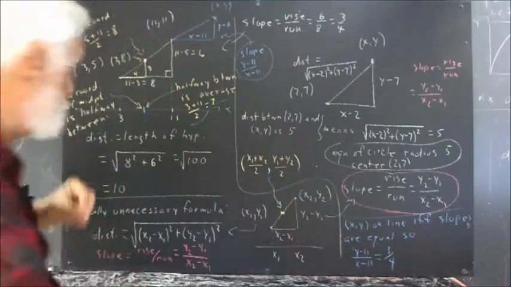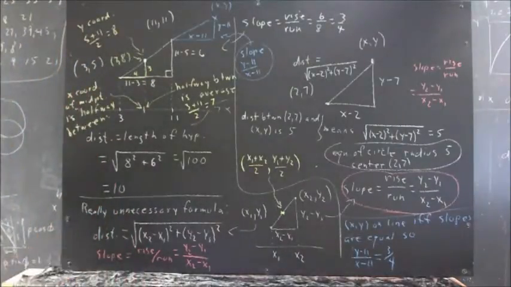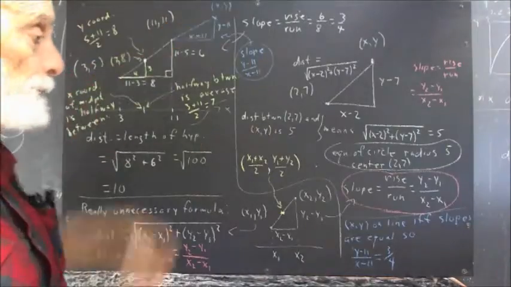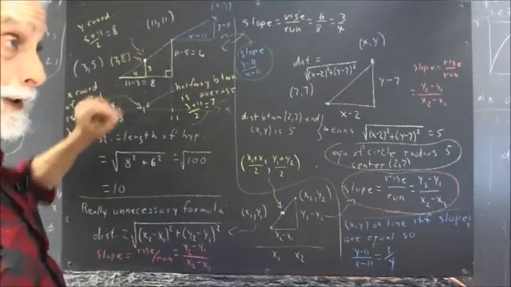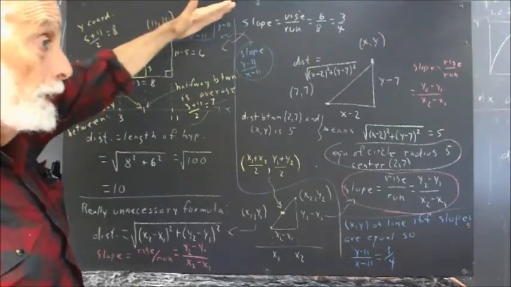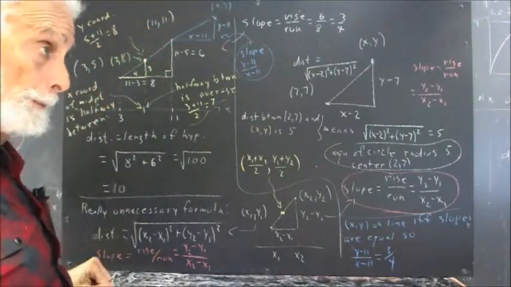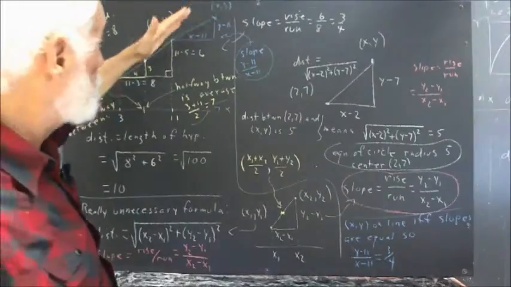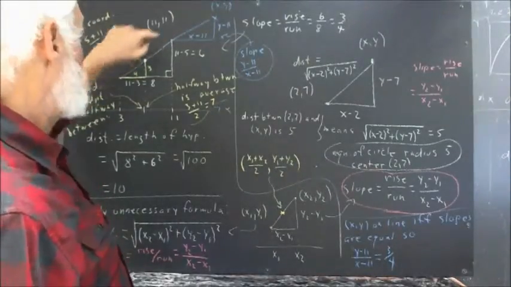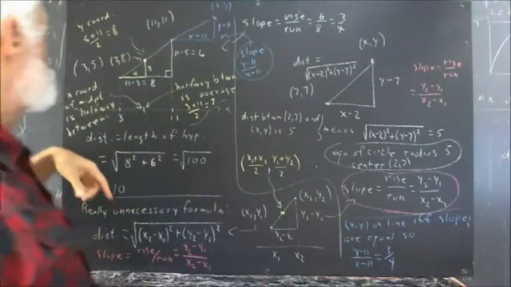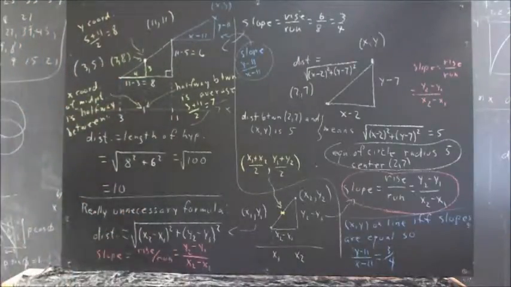Now, there's a very important idea here in this picture. I'm going to say, well, it doesn't look like (x, y) is on this line. Why not? Because it looks like you have a different slope here than you have here. If you had the same slope here, then (x, y) would be on the same line as (3, 5) and (11, 11). And, of course, (7, 8) is also on that line.